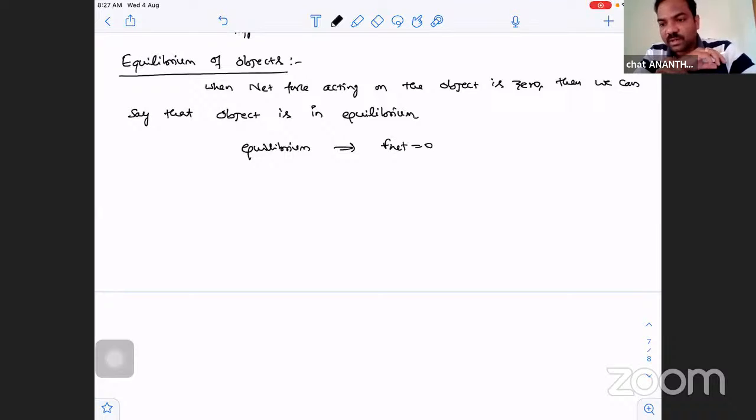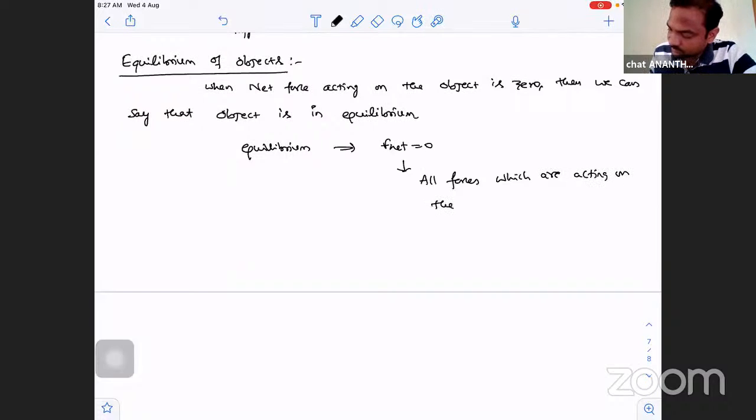Net force zero means what? Net force means all forces which are acting on the object should cancel out.